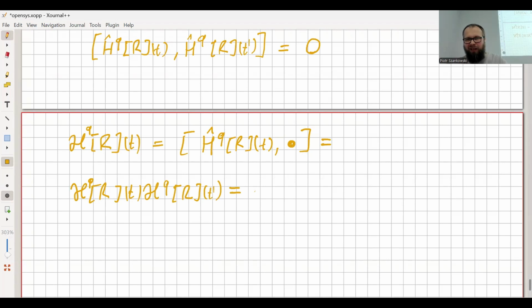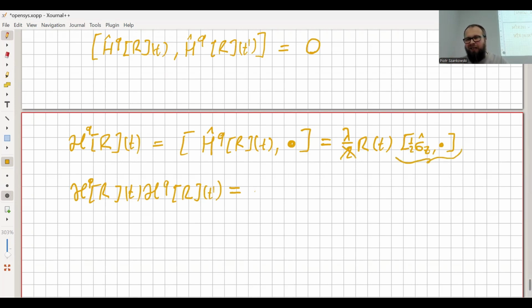Let me be more explicit about what we are getting here. If I just put in the H^q, I'm getting lambda R, so the time-dependent part just multiplies it, and you take the commutator with sigma z, or maybe even 1/2 sigma z. So it's like a spin operator, 1/2, and let's get rid of this factor.